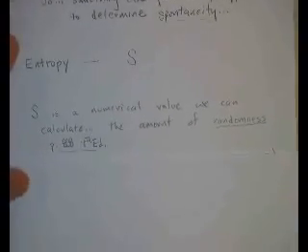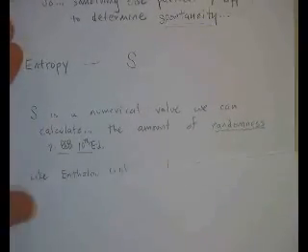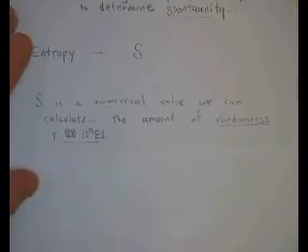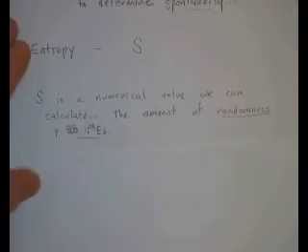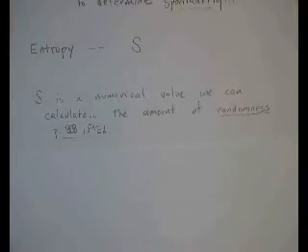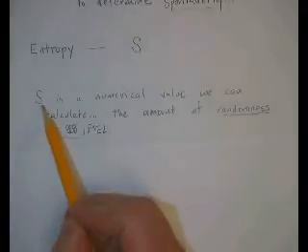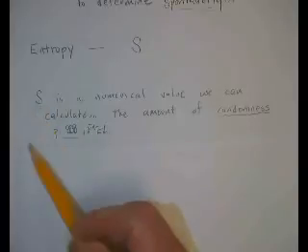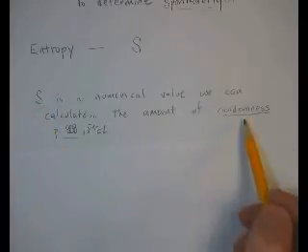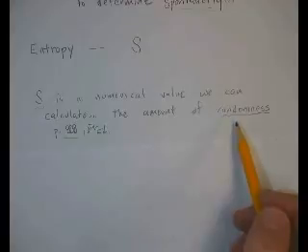Delta S actually is a numerical value that we can calculate. And as a kind of a slang, not perfect, but pretty good definition, entropy, S, is a measurement of the randomness or the disorder of a system, the mixed-upness of a system.